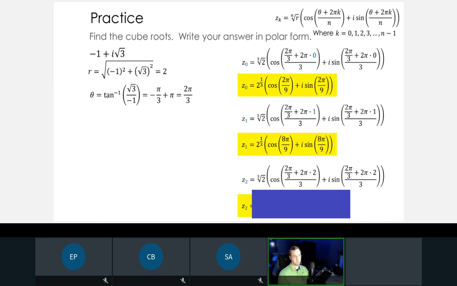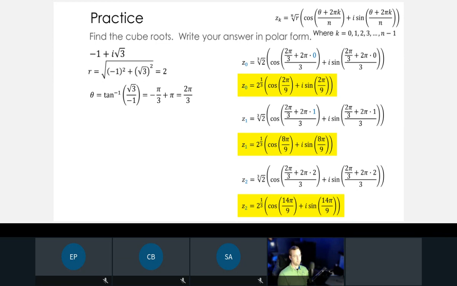So it's just plug and chug. That's it. The hardest part of this problem is converting it from rectangular into polar form. The rest, you're just using the formula and plugging stuff in to set it up, and then you just type it in.